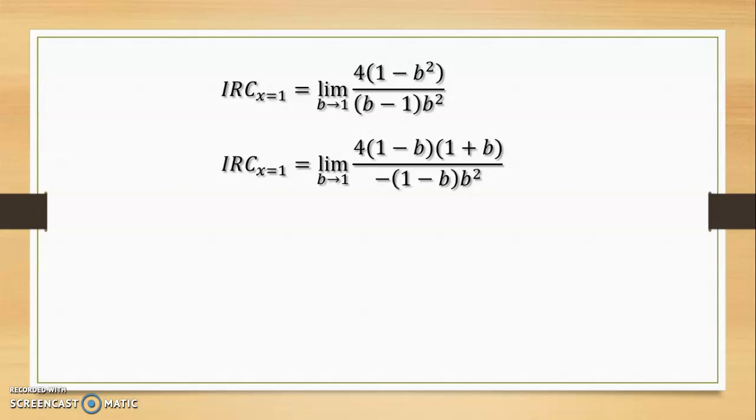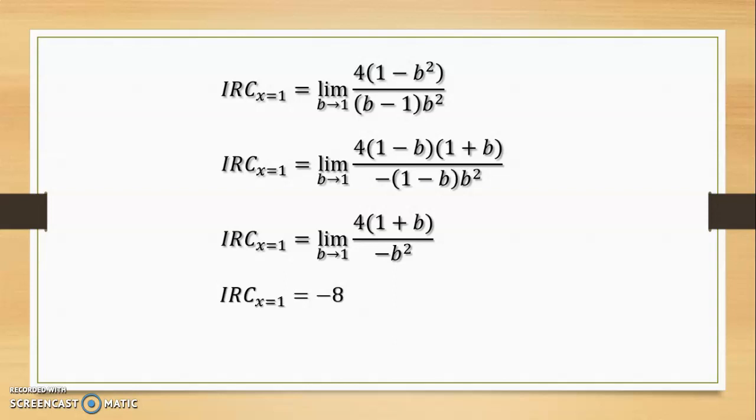At the denominator, I've simply factored out a sign so that a 1 minus b expression becomes common to the one on top. Eliminating the common factors, we now have a limit that is determinate and that can be obtained by direct substitution. So as b goes towards 1, we will get minus 8.